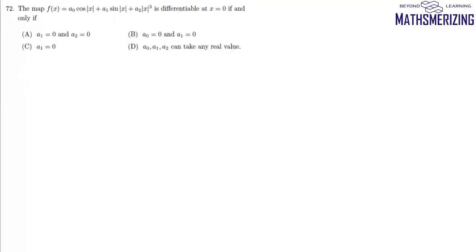Now question number 72 is, we are given this function f(x) and it is given that this function is differentiable at x equal to 0. We need to find this condition.